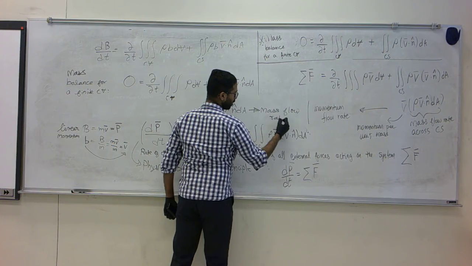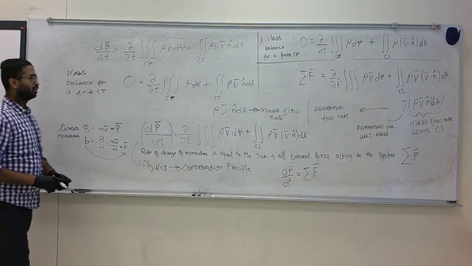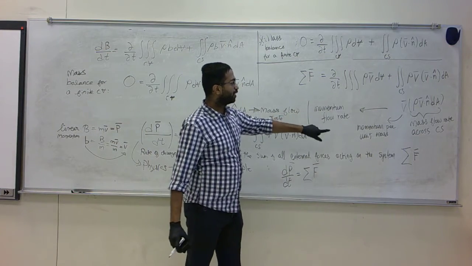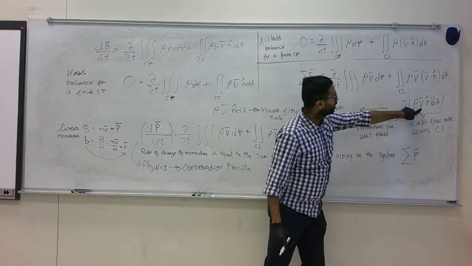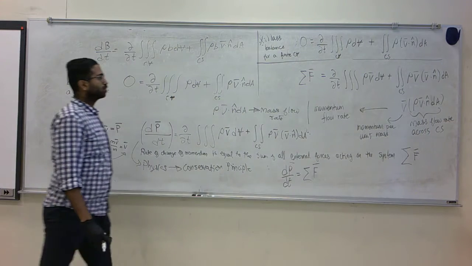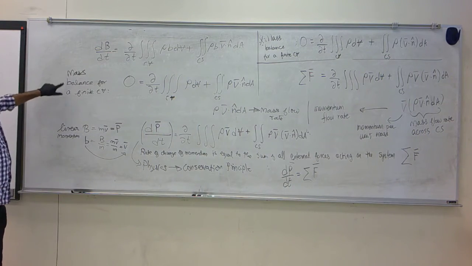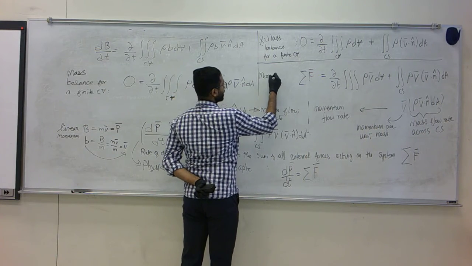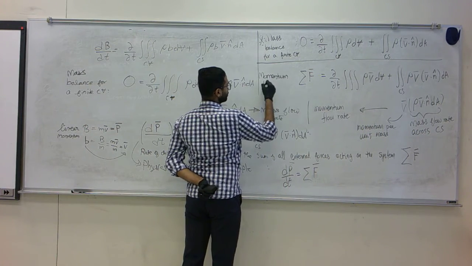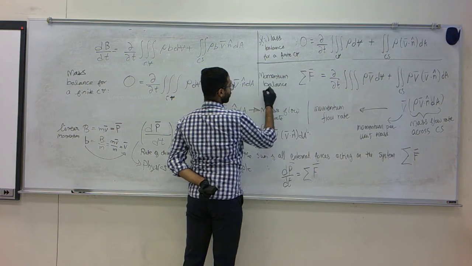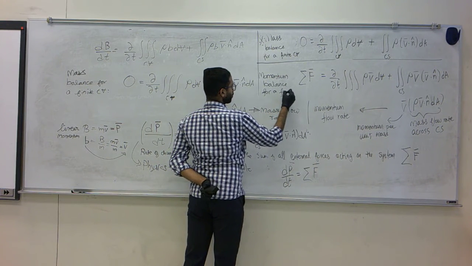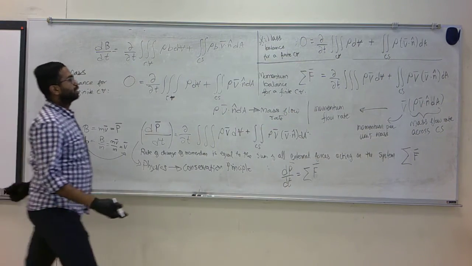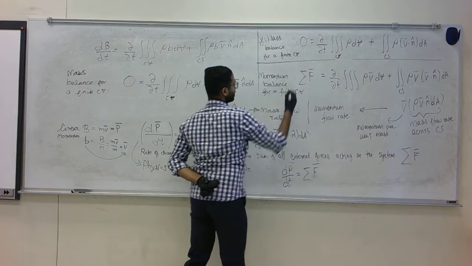Just like mass is a quantity that flows with the flow, you can also think of how much momentum is flowing, which is momentum flow rate v times rho v dot n dA. So this is mass balance for a finite control volume, and this is momentum balance for a finite control volume.